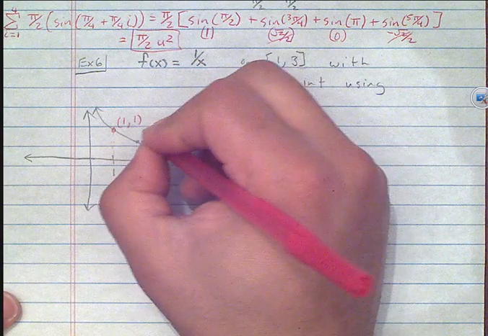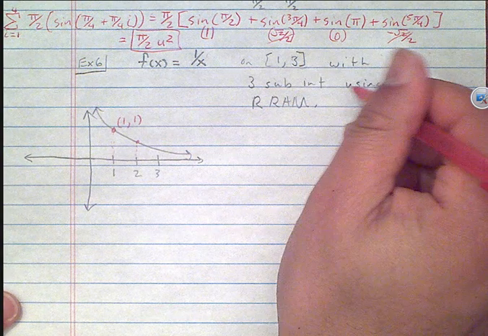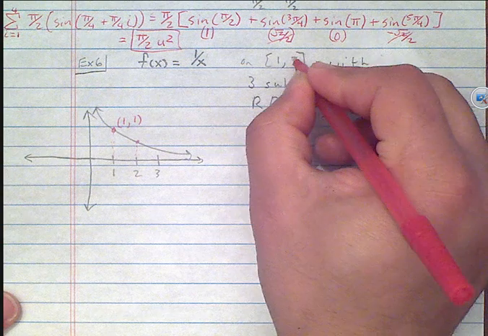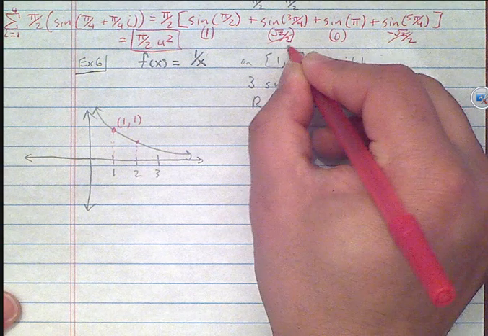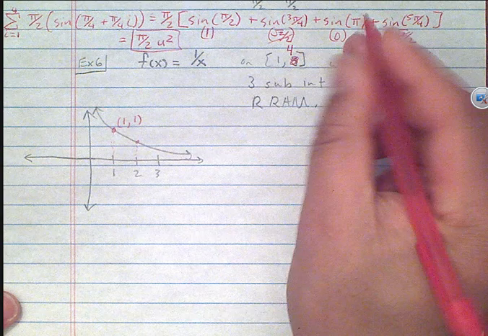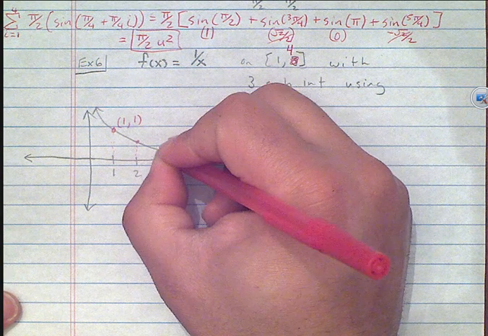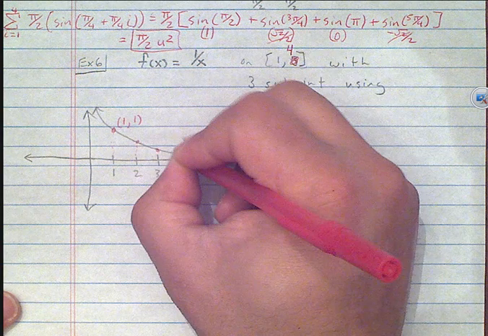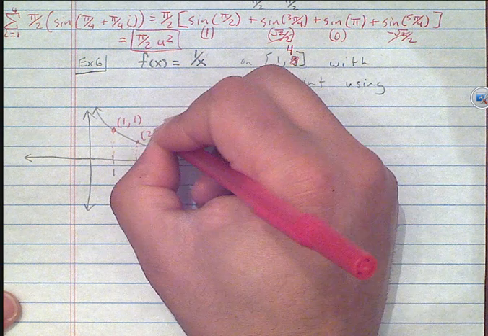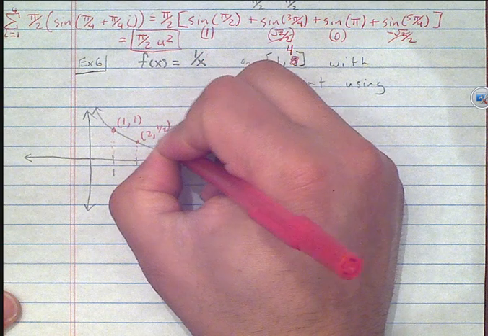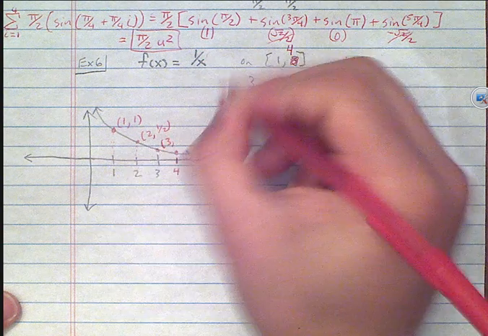Actually, well, that's not even... Should be 1 to 4. Sorry about that. Alright. So 2 comma plug in 2, you'll get a half. And then 3 comma plug in 3, you'll get a third.